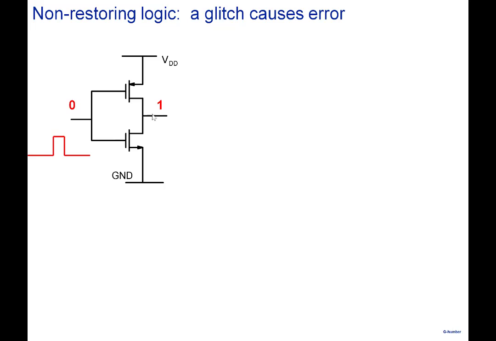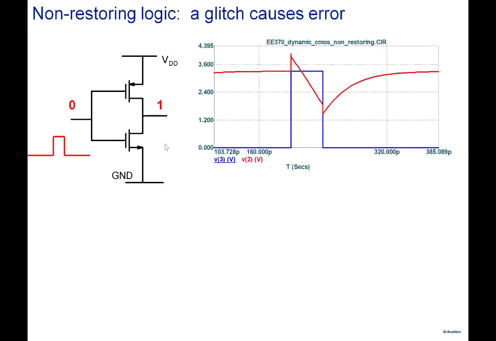Well, the glitch may temporarily cause a problem here, but it doesn't cause any permanent change to the output. Okay, so for example, I've just shown you a simulation result. Note that the blue is the input here. For a short period of time, there is a glitch at the input.